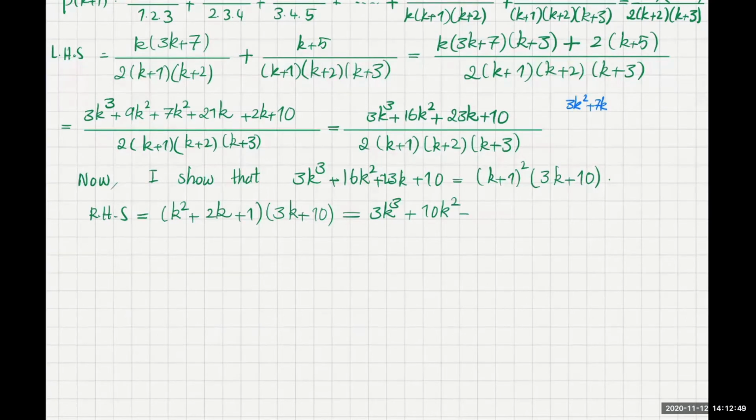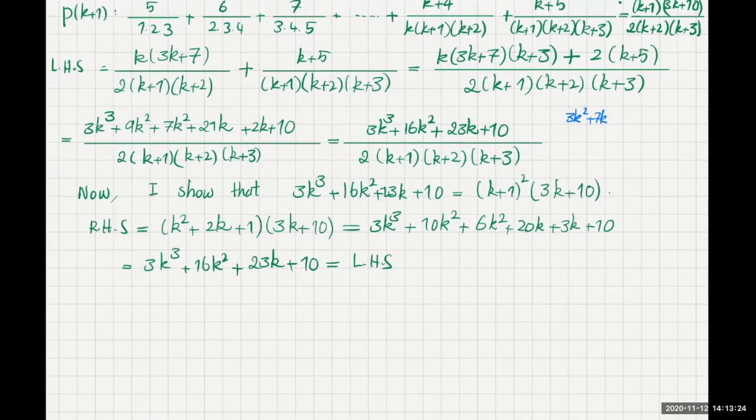Then I go to the next term, it becomes 6k squared, then I have 20k, then I have 3k, and finally I will have 10. And then what I do, 3k cubed is alone, but here I have this one and that one, which is 16k squared. And then this one and this one is 23k. And then the last one is 10, and that's exactly the left-hand side.